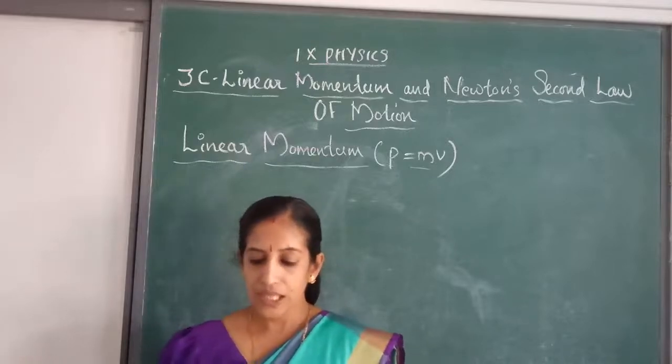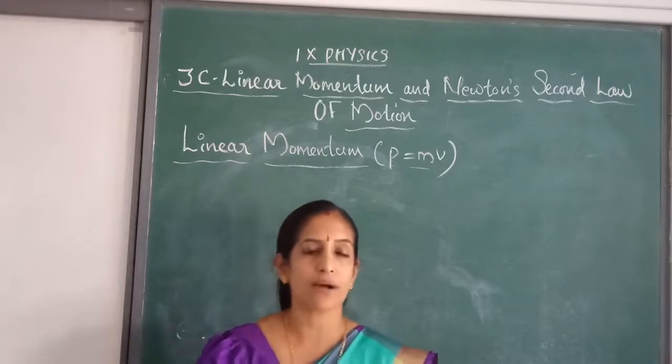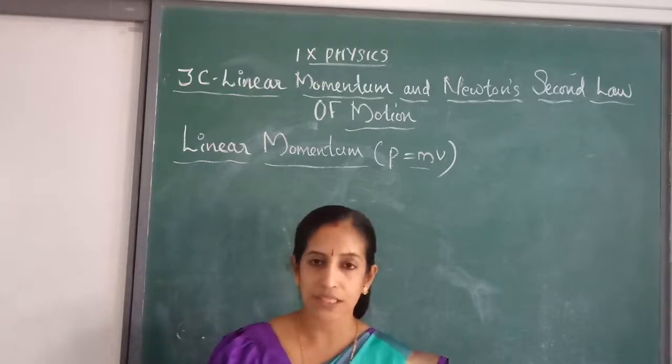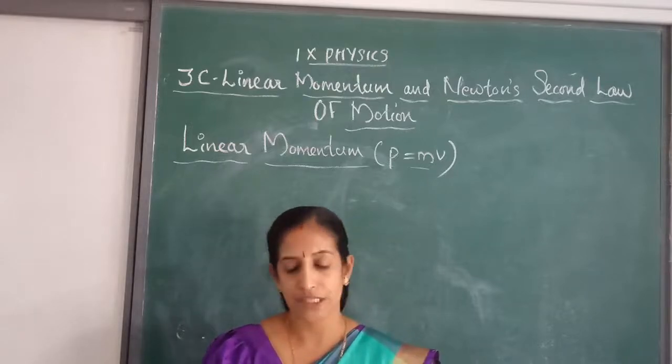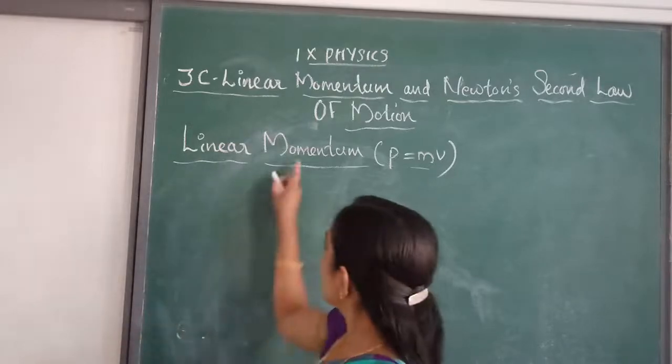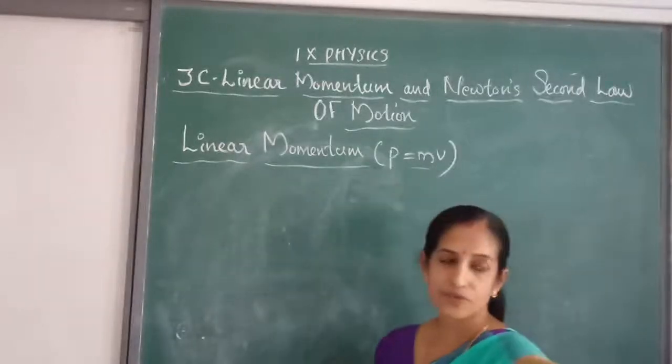So this product of mass and velocity together can be called linear momentum. Linear momentum is the product of mass and velocity.